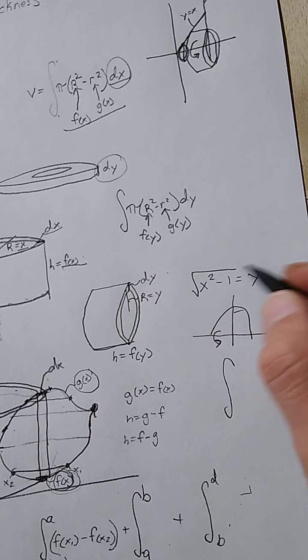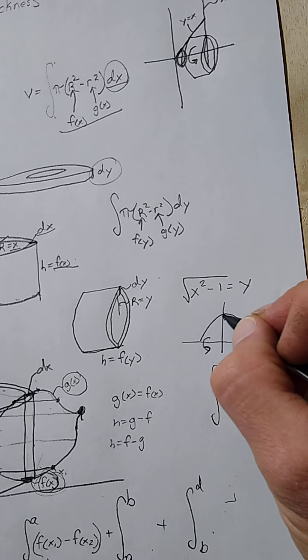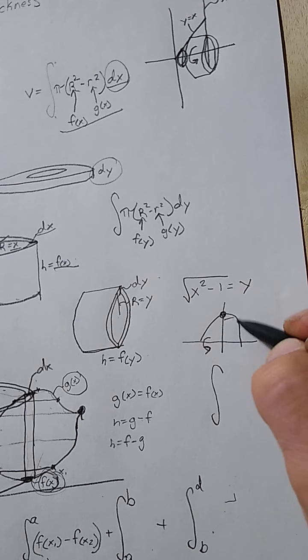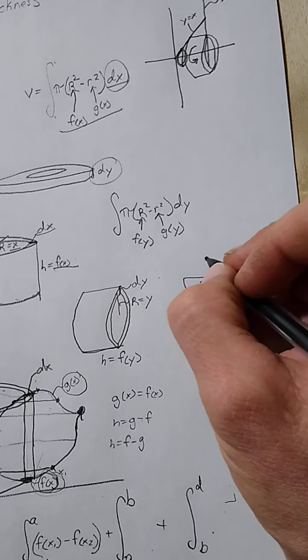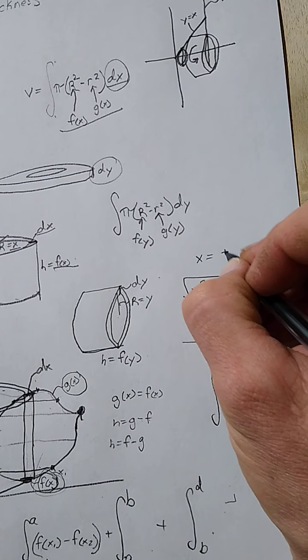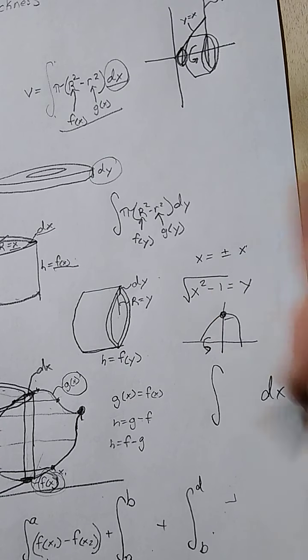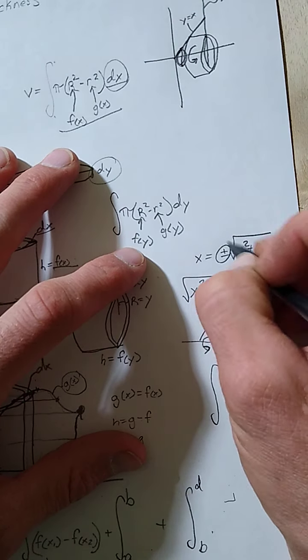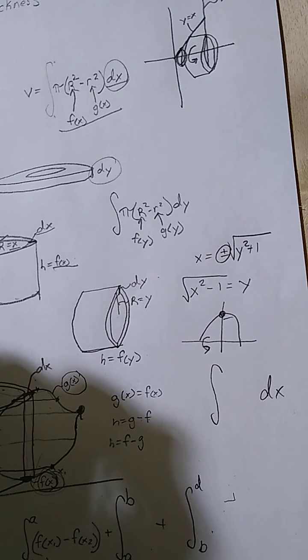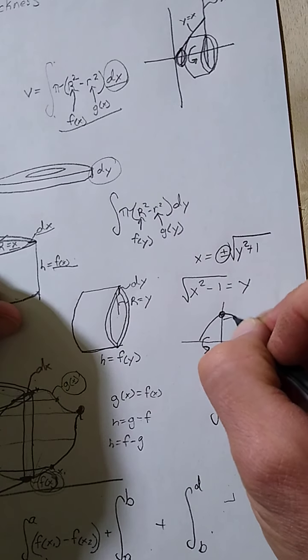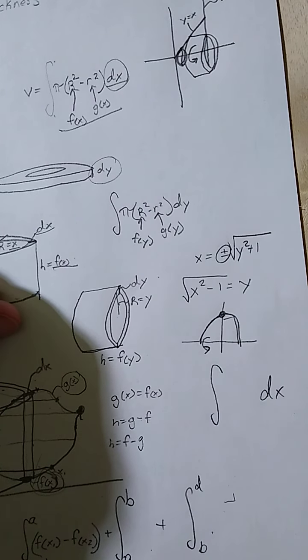Then that's going to be much, much harder because I'm going to have to basically break it up as 2 different things if I try to solve this in terms of x, because I'm going to get x equals plus and minus the square root of y squared plus 1. And I'm going to have to separate that at those 2, for this half of the integral and that half of the integral.